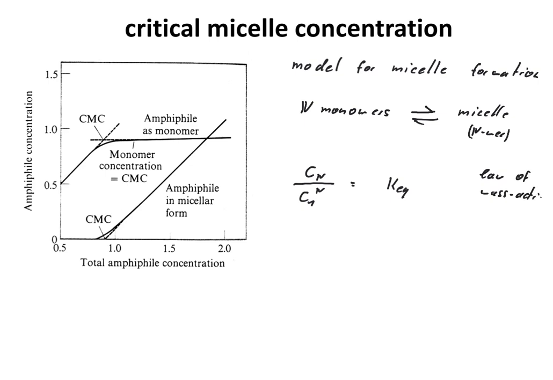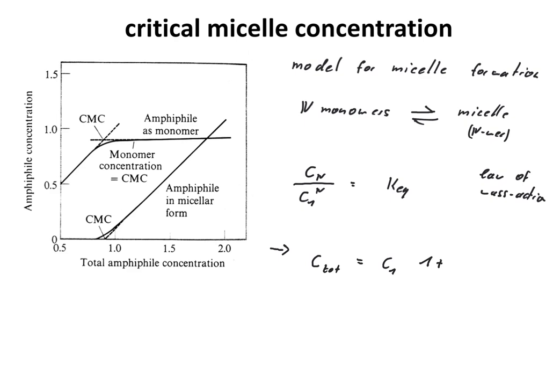the equilibrium constant. Now, this last expression we can rewrite, giving us an equation for the total amphiphile concentration, C total, which is the sum of the amphiphiles residing as monomer and the sum of the amphiphiles that reside in the micelles.